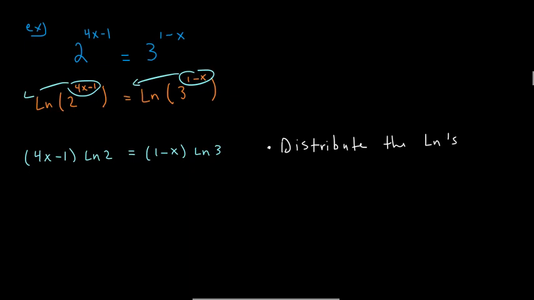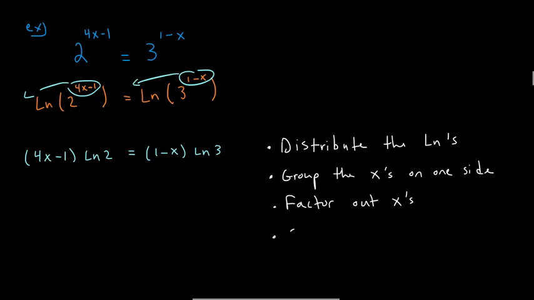It seems counterintuitive, but you have to distribute the natural logs so that you can then group the x's on one side of the equal sign, and then factor out the x's, and then solve by dividing.